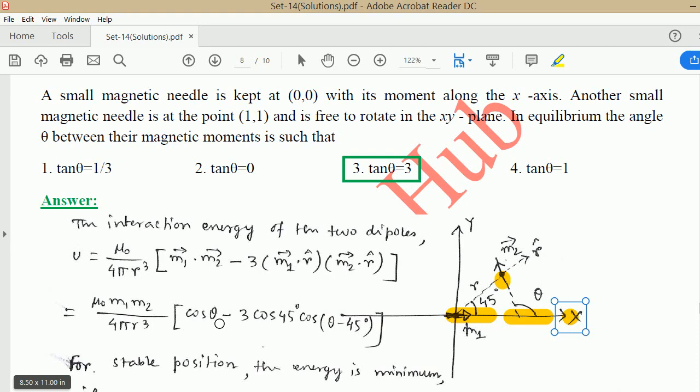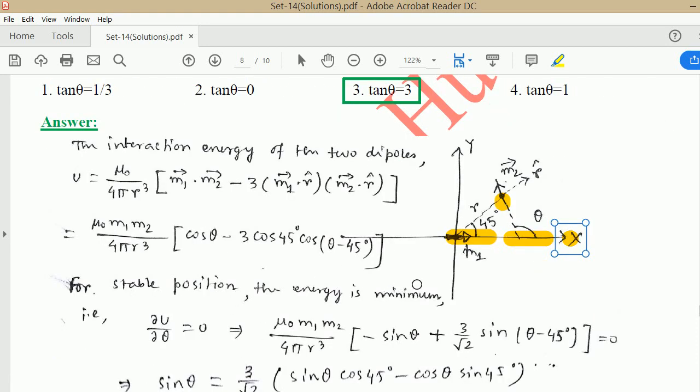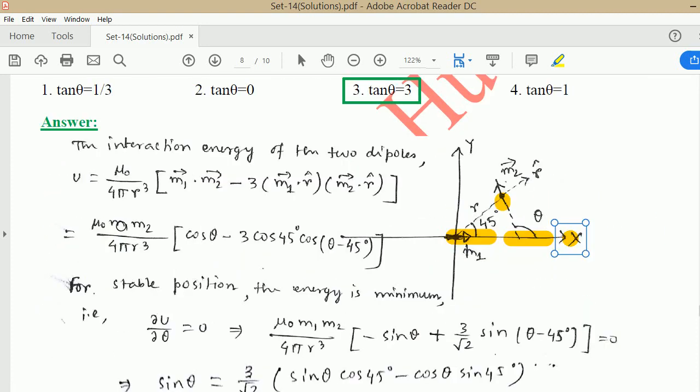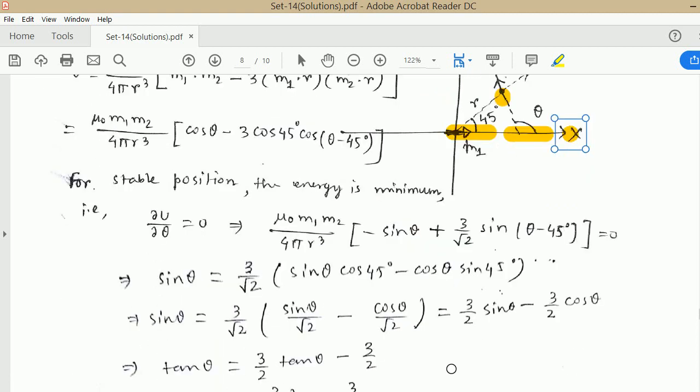If we expand this term, we get a term like this. Now for a stable position in equilibrium, del U by del theta will be 0, so we take the derivative of cos theta, minus sin theta, and cos(theta minus 45 degrees), sin(theta minus 45 degrees).